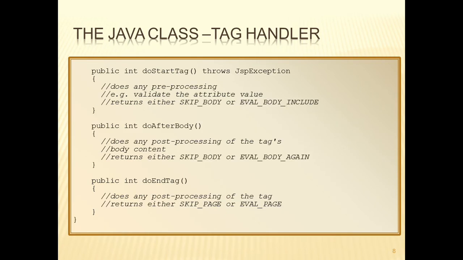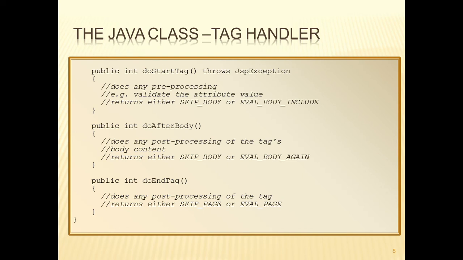Now this is where life gets a bit interesting really, because there are some lifecycle methods that are called. When the tag is first encountered, after the set methods have been called, the doStartTag method will be called, and then the doAfterBody method, and finally the doEndTag. Now doStartTag is going to be called so that you can do some pre-processing, such as validating the values of the attributes to make sure that they are suitable or within range, or they meet the business rules, or whatever it might be.